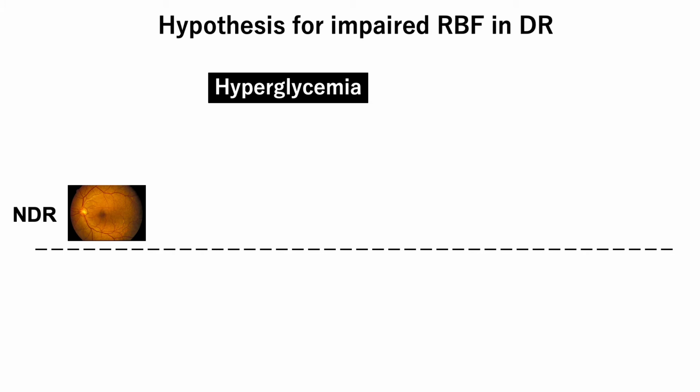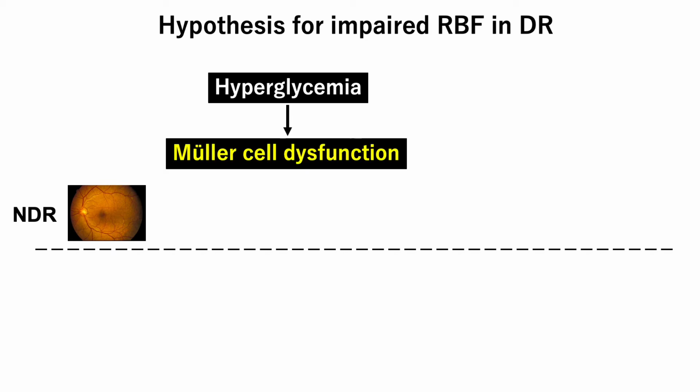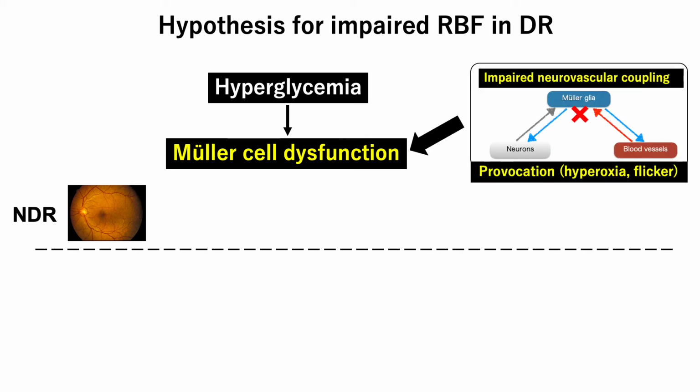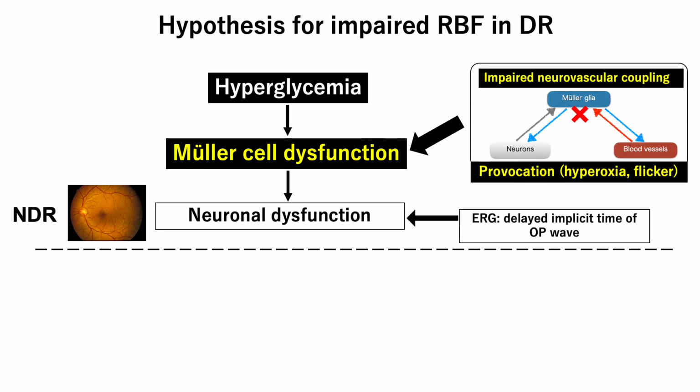Here is our hypothesis of impaired retinal blood flow in diabetic retinopathy. First, chronic hyperglycemia causes Müller cell dysfunction in the retina, which can be detected non-invasively by physiological propagation as impaired neurovascular coupling. Neuronal dysfunction then occurs.